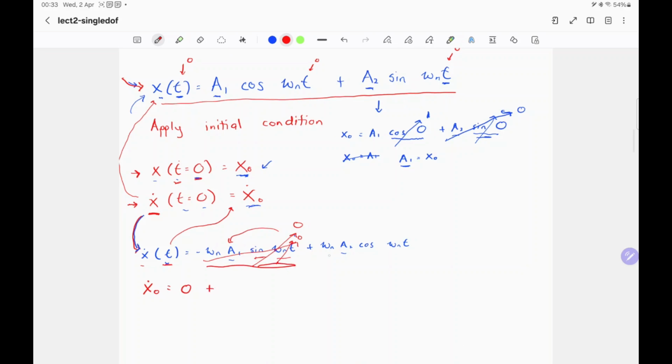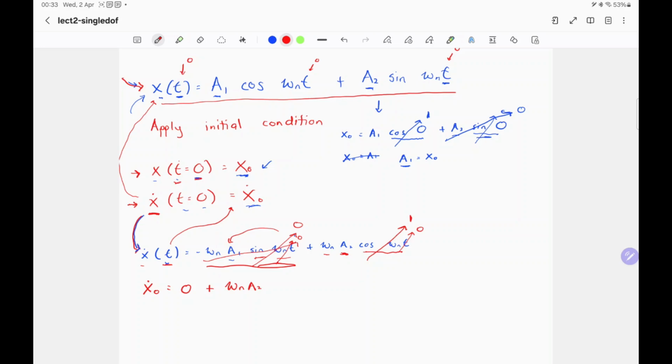plus omega n A2 cos omega n times 0, so cos 0 is 1. So we will get omega n A2 multiplied with 1, so omega n A2.